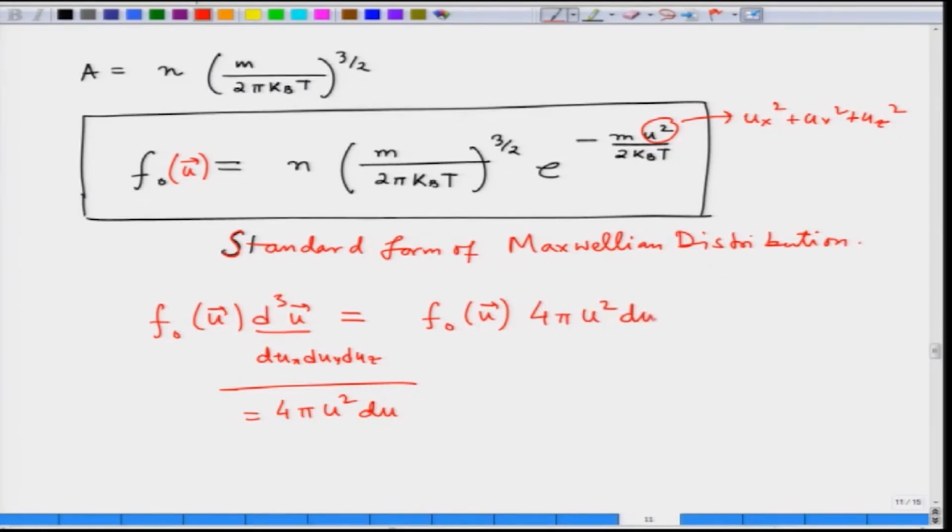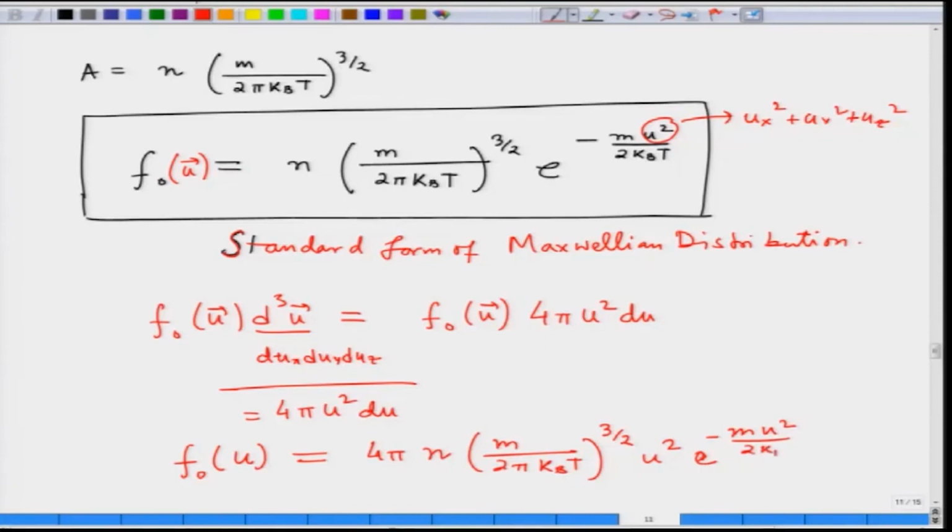And that is exactly the isotropic form of f0, which we then call f0 of scalar u, which will be nothing but 4 pi n times m by 2 pi kBT to the power 3 by 2 u square e to the minus m u square by 2 kBT.